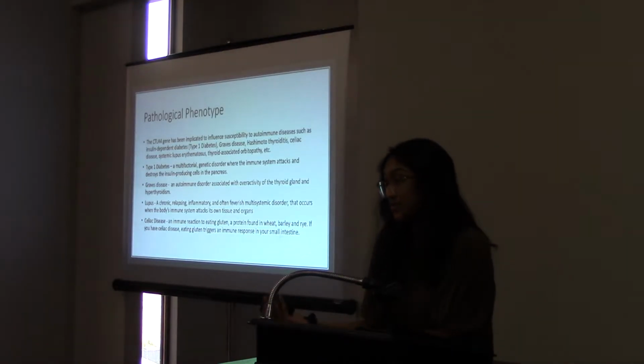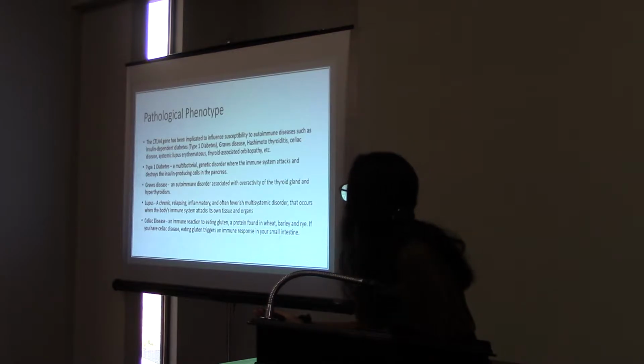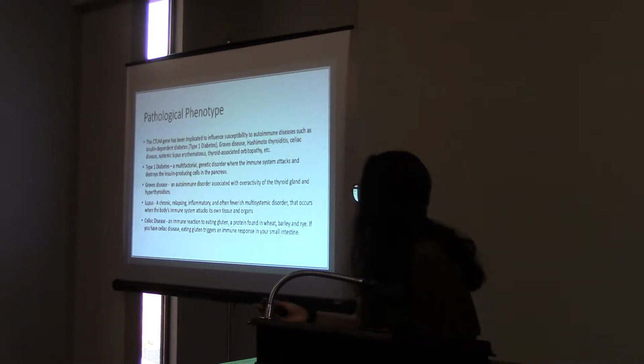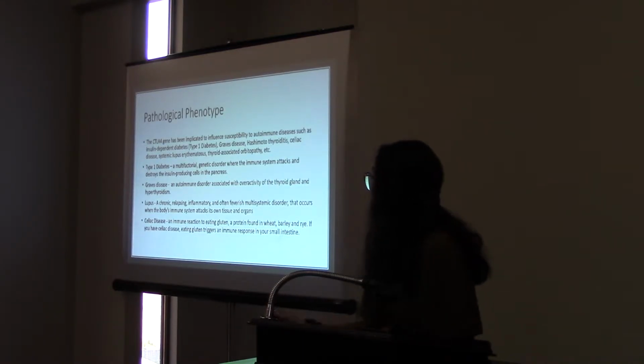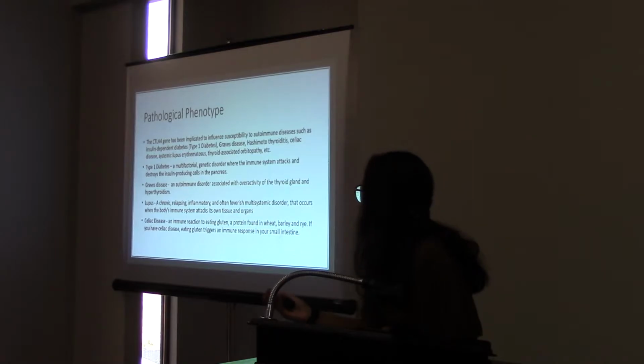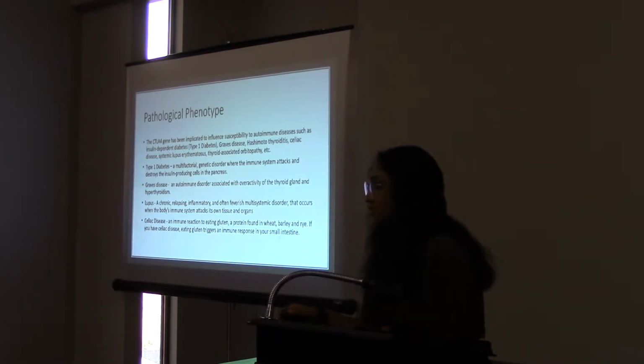It also causes hyperthyroidism. Celiac disease is an immune reaction to eating gluten. It triggers an immune response in the small intestine. And lupus occurs when the body's immune system attacks its own tissues and organs.